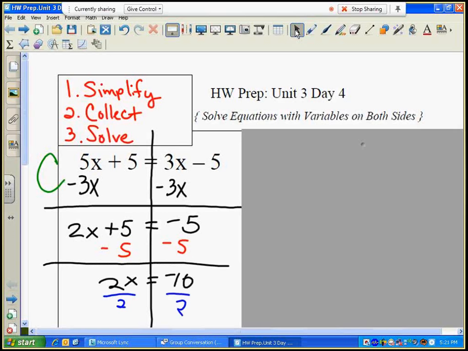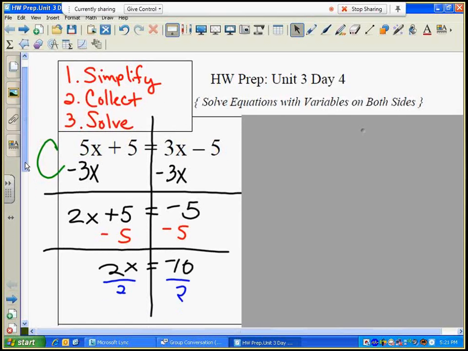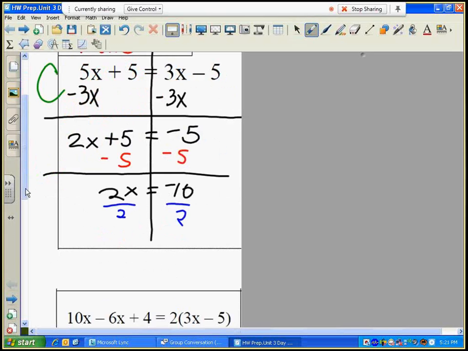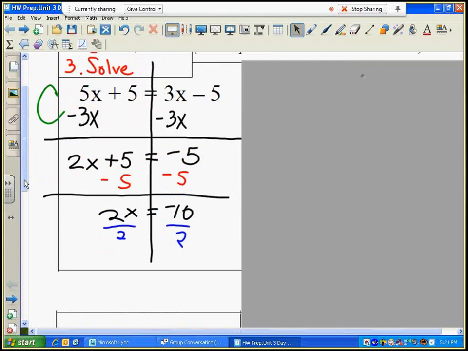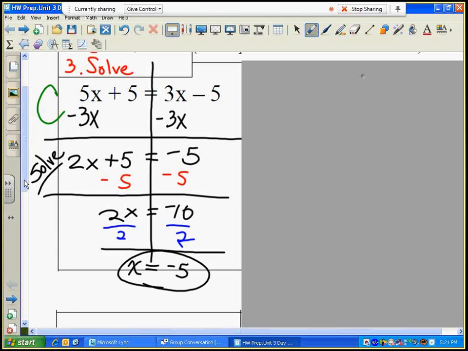This was an action that I did on both sides of the equal sign, so I've got my action bar. And I end up with x equals negative 5. So I simplified, I collected, and then I should have put down here solve. So you're telling the reader when all of these things are taking place.